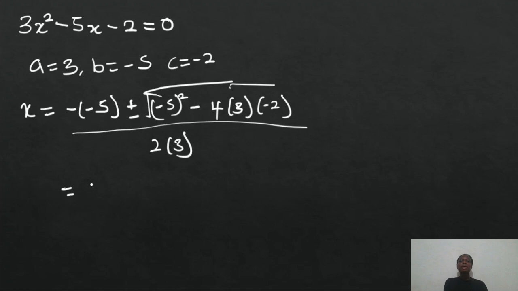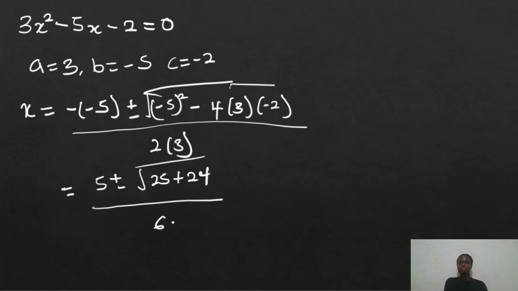So negative times negative 5 gives positive 5 plus or minus. Now negative 5 squared is 25, and negative 4 times 3 is negative 12, and negative 12 times negative 2 gives us positive 24, all over 2 times 3, which is 6.